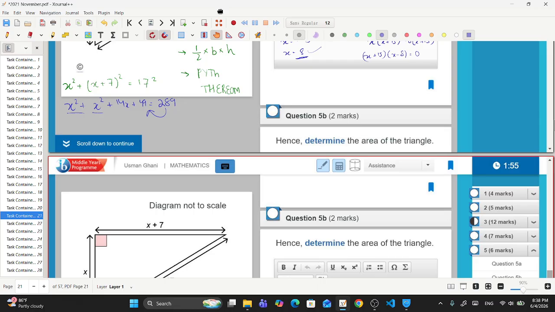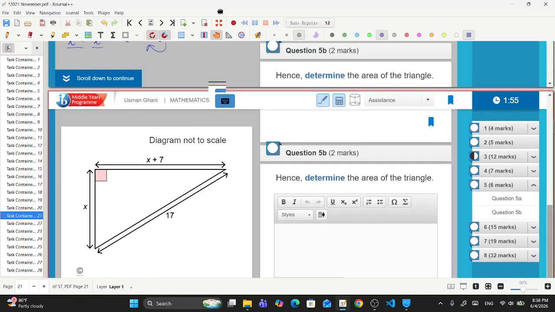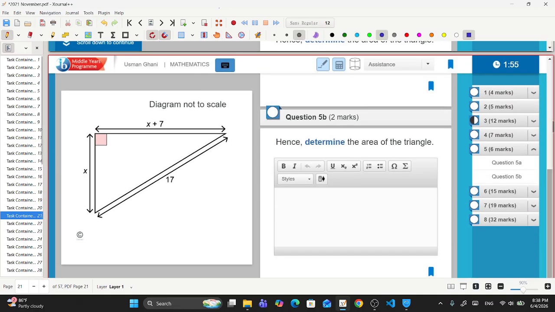Hence, determine the area of the triangle. So if this is 8, this is 15, and this is 17, how would you find the area of this triangle? Not exactly rocket science, I hope. 1 over 2 multiplied by base multiplied by height.